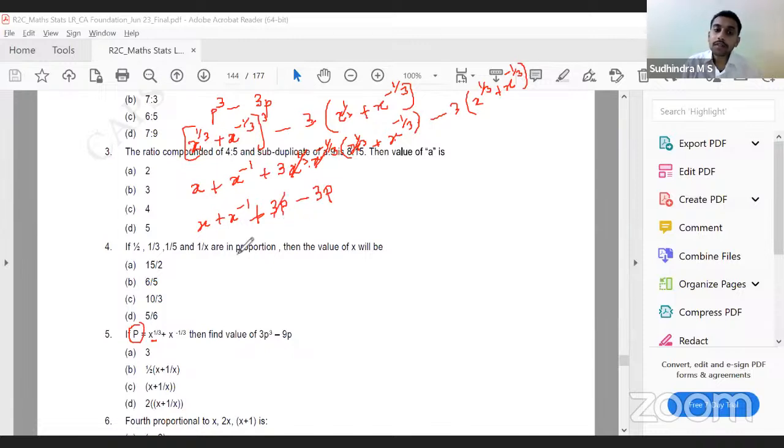So 3p gets cancelled, leaving x plus 1 by x. But we took 3 common: 3 times p cube minus 3p. So we have to multiply by 3: 3 into x plus 1 by x. That is the correct answer. The options are wrong. I think we should have 3 here: 3 into x plus 1 by x.